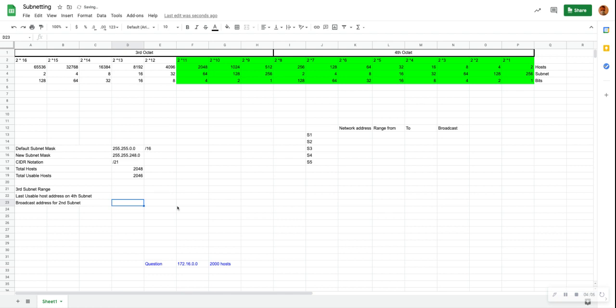Okay, so now we need to look at our address ranges. Previously we looked at the final octet and the number was going up on the Class C range, but in the Class B, it's the third octet we're looking at. So I like to type in the network addresses first.